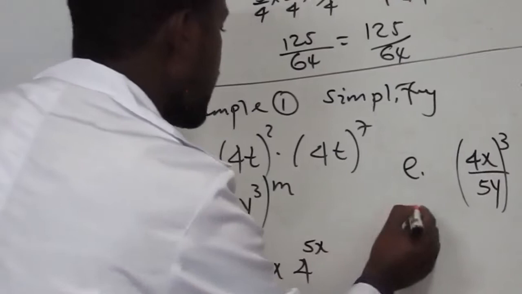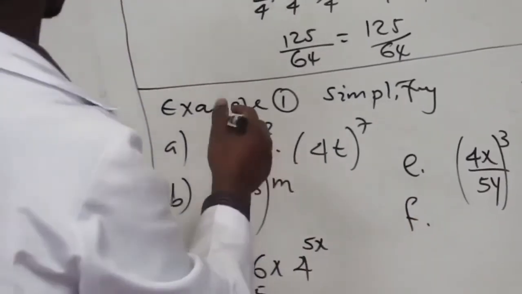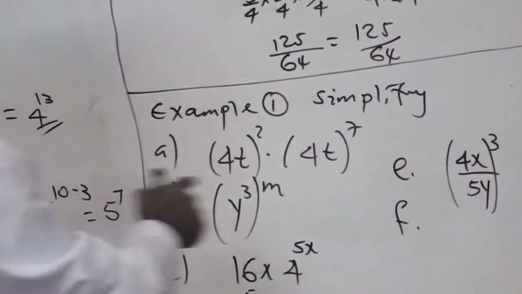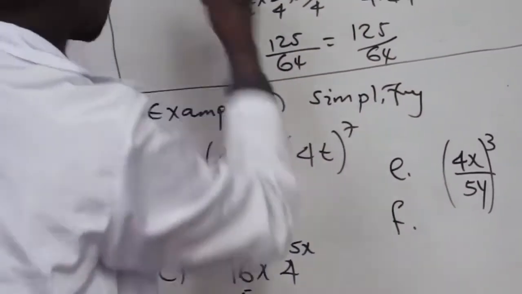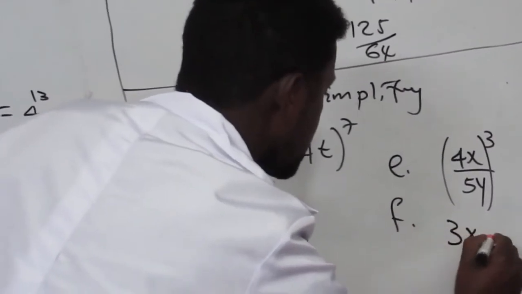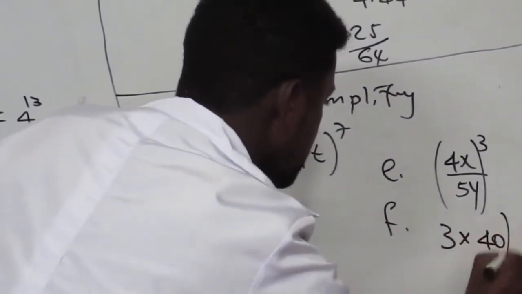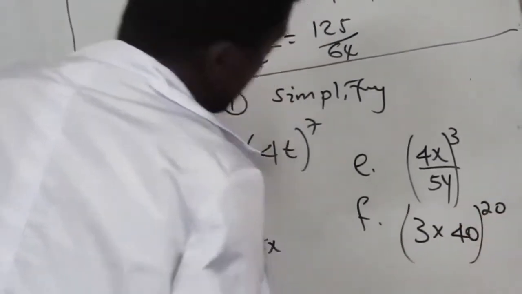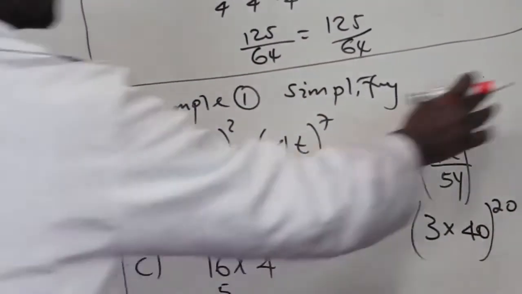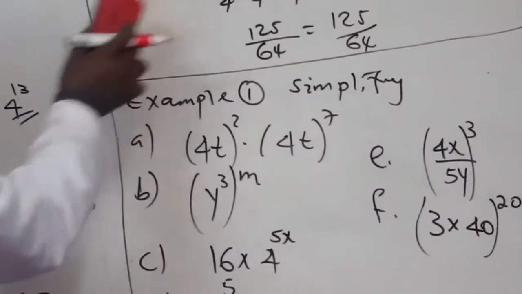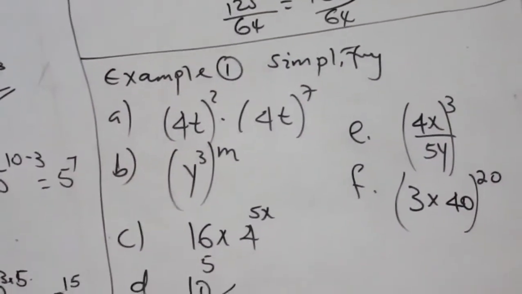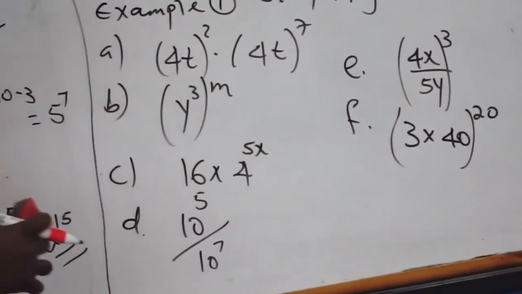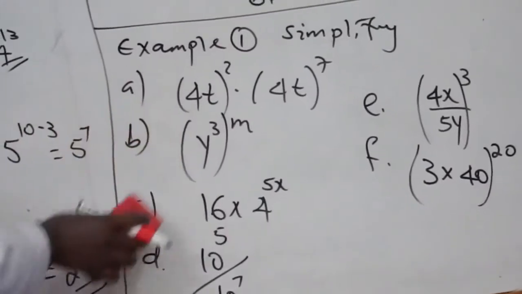And F, which is very related to this one: 3 times 4t, the whole to the power of 20. To solve this, we have to use these rules: the first rule, the second, the third, the fourth, and the fifth one. We have to follow these rules to simplify this kind of problem.